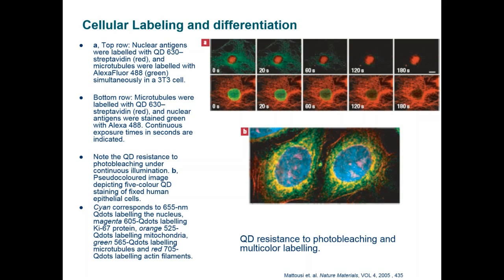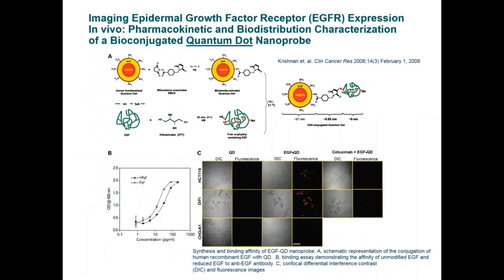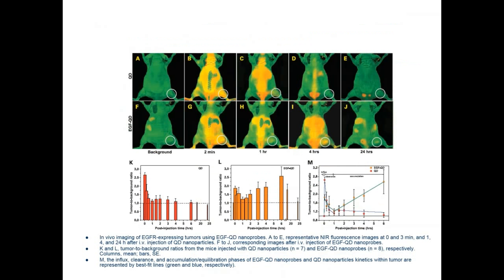Now, quantum dots are also useful in that one can label them with growth factor receptors, and they can be useful for specific growth or biodistribution of a probe on a cell, or incorporating this, let's say, in a mice cell model.